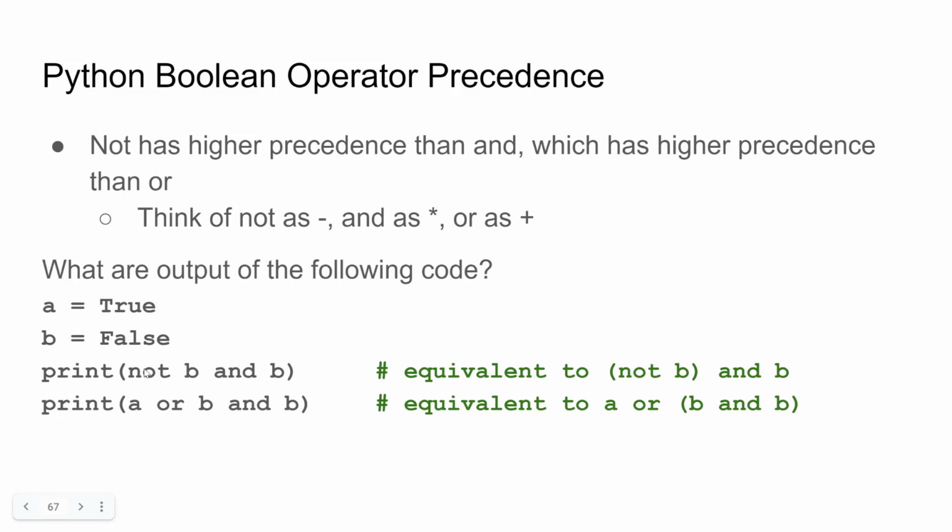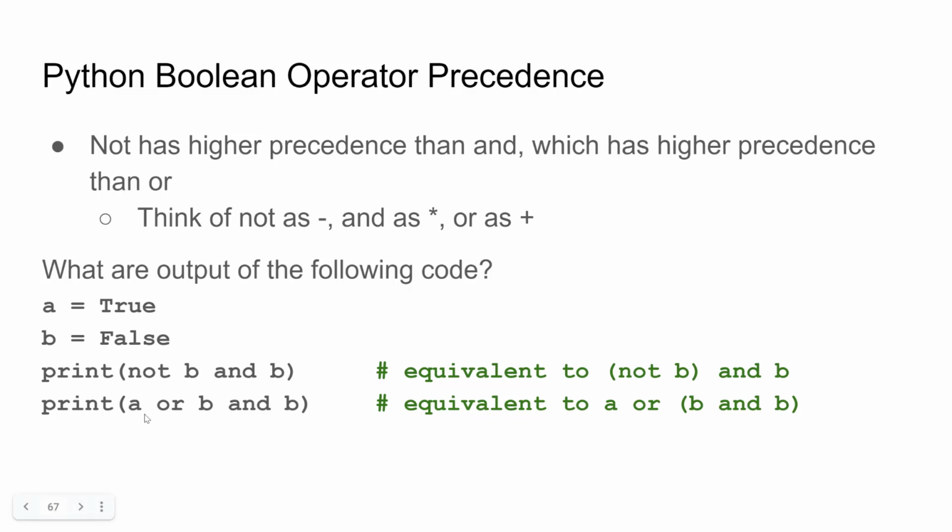If you first do not B, you get true, and then you and B, because B is false, true and false gives you false. But if you first do B and B, that part is false, and then you not that, that gives you true. So different interpretations give you different values.